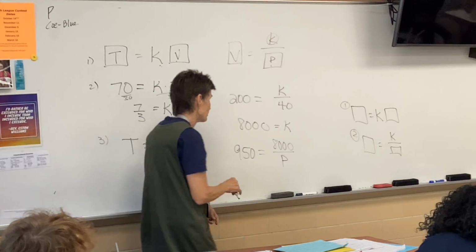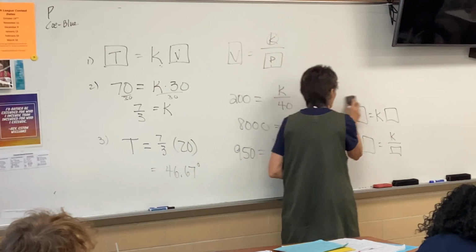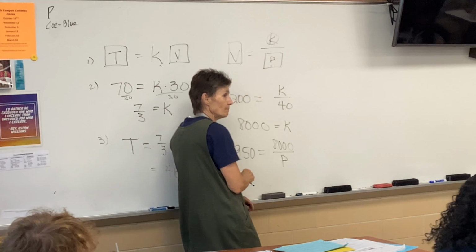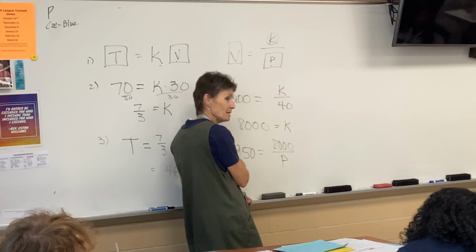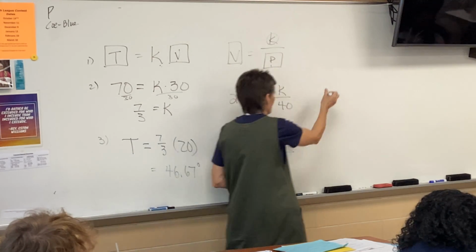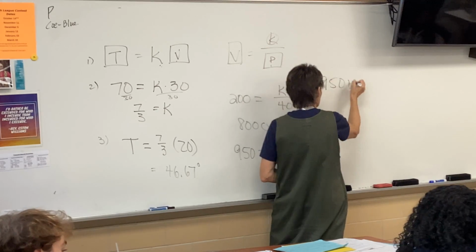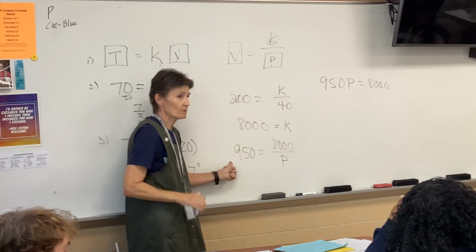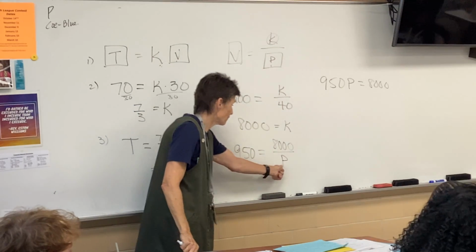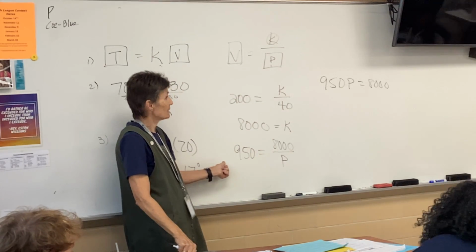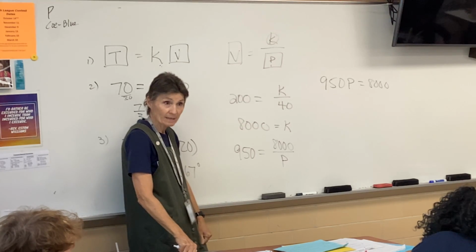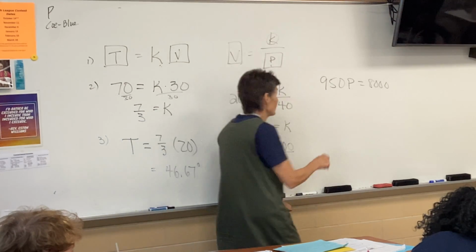Now be careful when you solve this. This is going to be a two-step solve. All right? We're going to multiply by P first. So we'll have 950P equals 8,000. You cannot do this in one step. So you're going to get rid of your fraction. 950P equals 8,000. And then divide by 950.